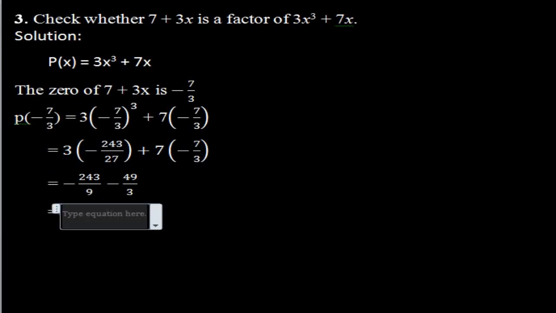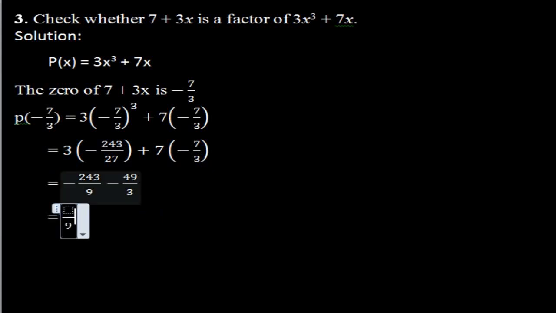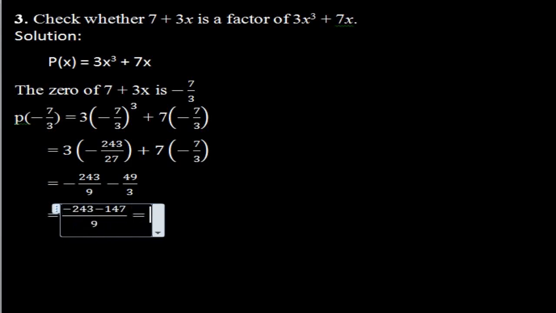The LCM of these two terms is 9. So 3 has to be multiplied for the second term. So it becomes minus 343 minus 147, which is equal to minus 490 divided by 9.